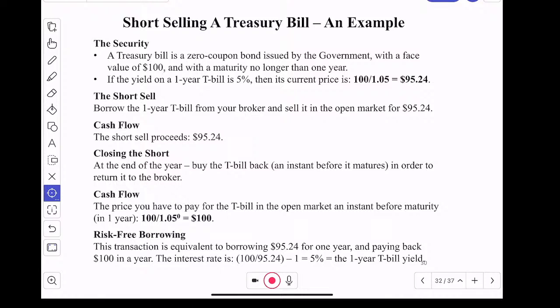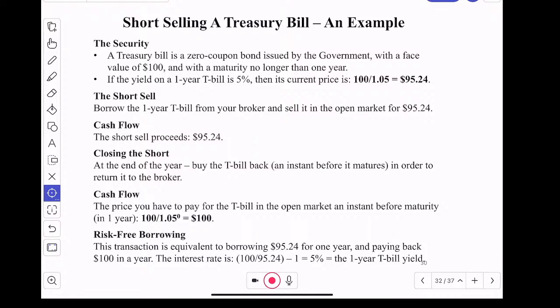So if you were to short sell the T-bill, you would borrow the 1-year T-bill from the broker and sell it for $95.24. So that's the cash flow from the proceeds, or the cash flow from the sale. By the end of the year, you have to buy the T-bill back 1 instant before it matures in order to return it to the broker.